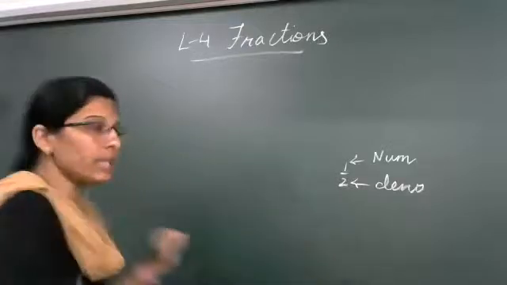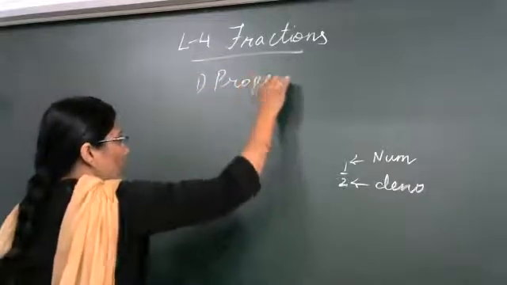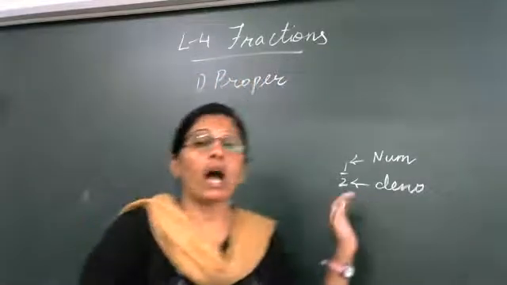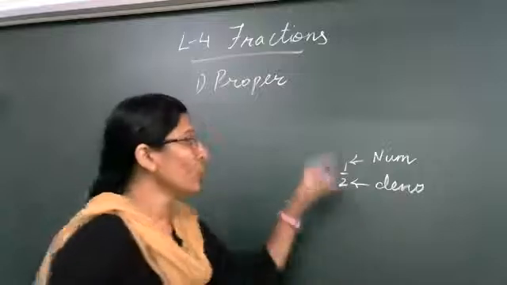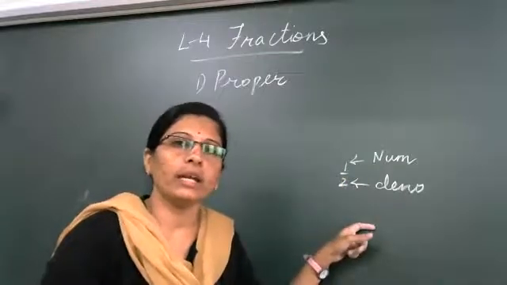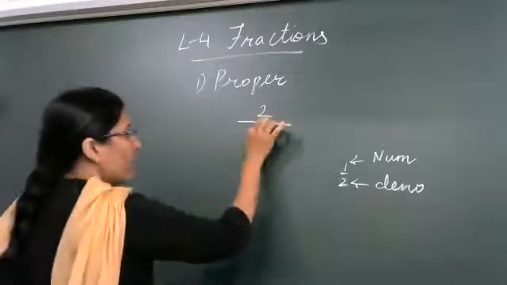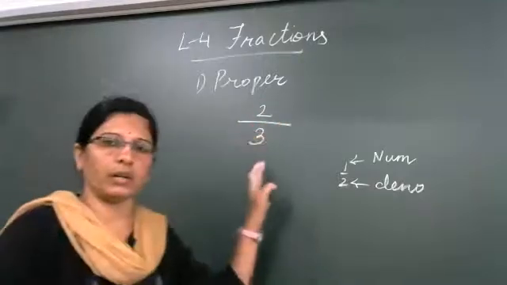So first is proper fraction. Proper fractions are the fractions in which the numerator is less than the denominator. Meaning your upper number will always be less than the denominator.